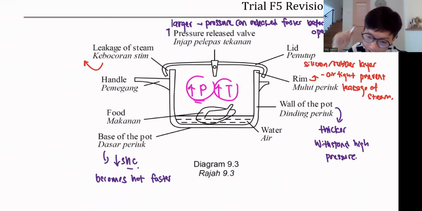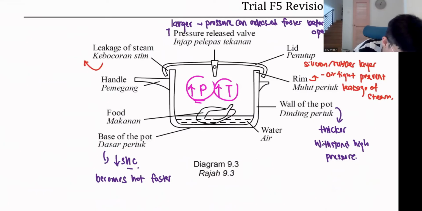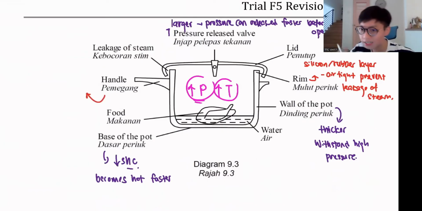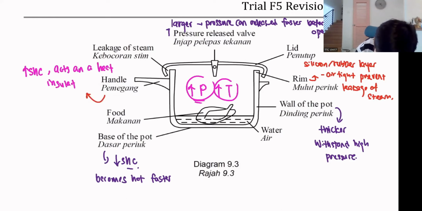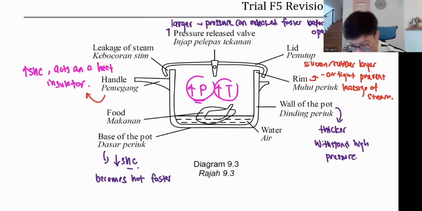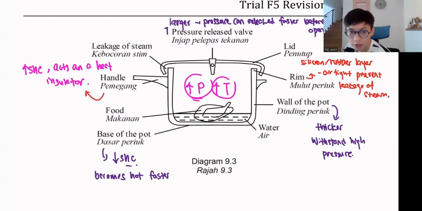For the handle, don't straight away say the name of the material. We can say we will use something with high specific heat capacity, so therefore it acts as a heat insulator.